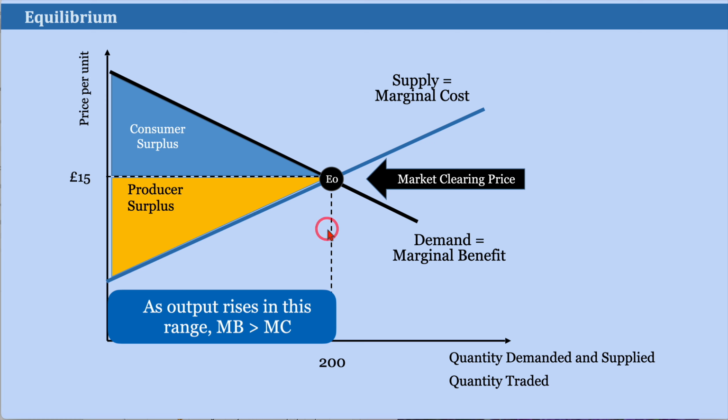So this is a point which is known as an allocatively efficient point. You have allocated factors of production right up to making 200 of these goods, and all of those factors of production are costing us something, but the consumer is gaining a higher benefit from you producing it than the cost of using up the scarce factors.